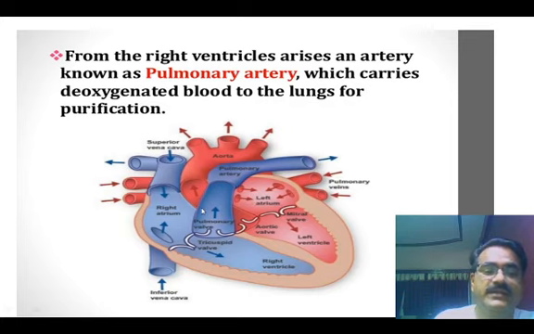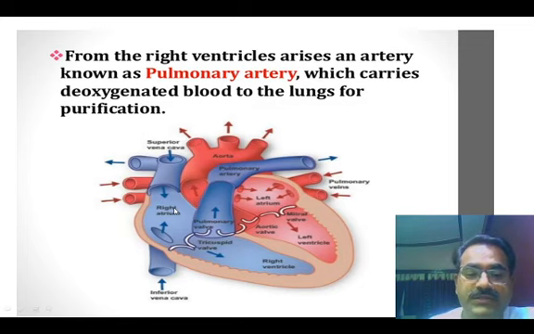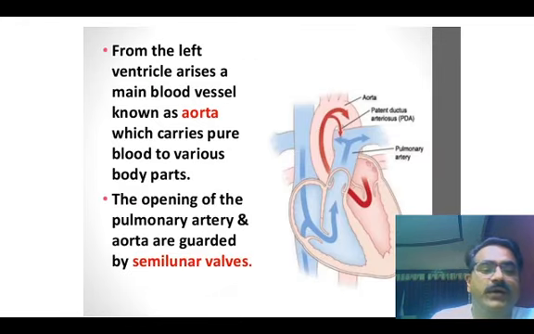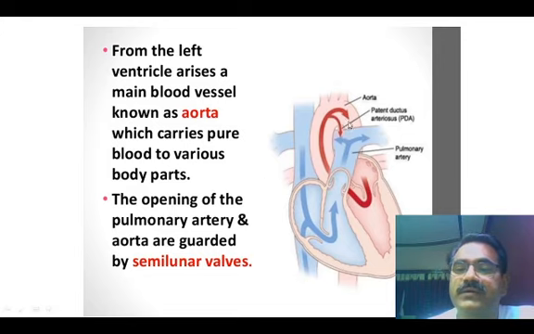Then the right auricle receives the deoxygenated blood, or the impure blood. The openings of the pulmonary artery and the aorta are guarded by the semilunar valves which are present here.